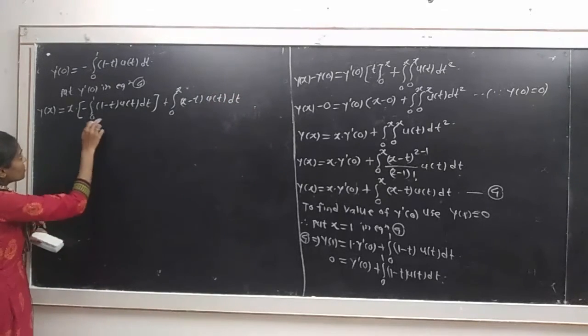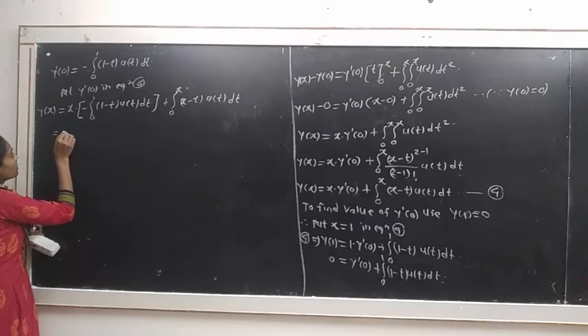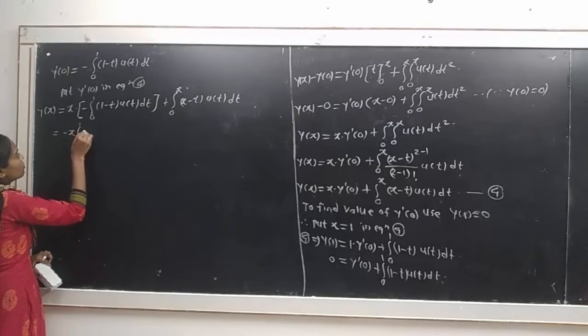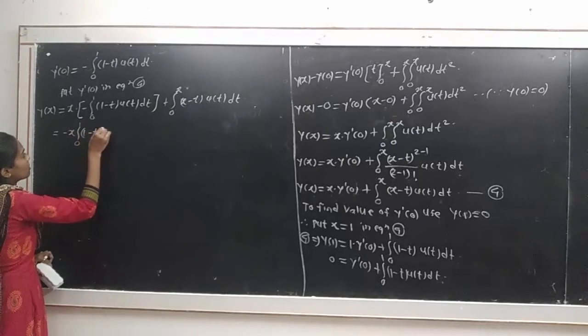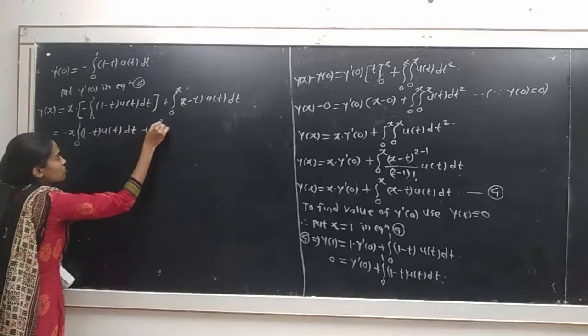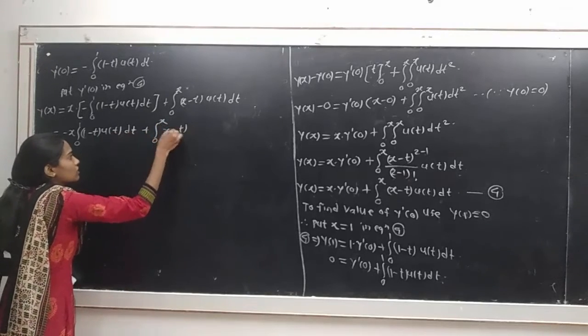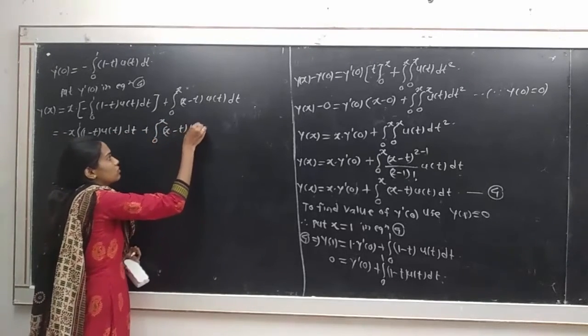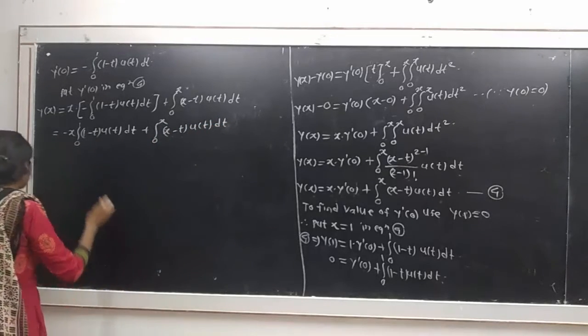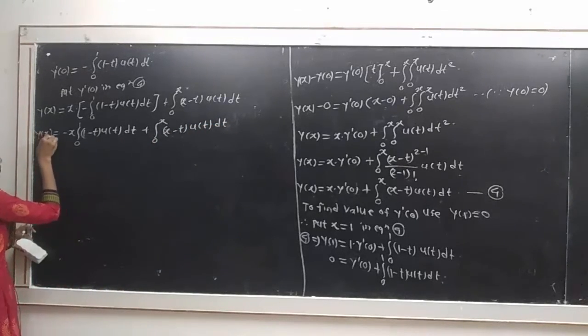Okay, then we simplify this, we get minus x integration from 0 to 1 of 1 minus t into u of t dt plus integration from 0 to x of x minus t into u of t dt. We get this is the value of y of x.